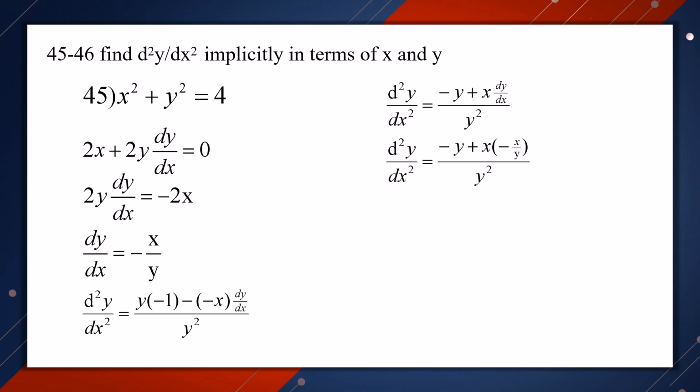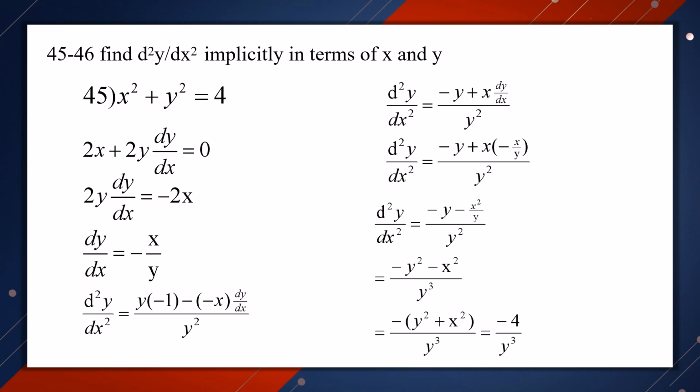And then we substitute dy over dx equal to negative x over y into the equation, and we will get the second derivative of y equal to negative y plus x times negative x over y, over y to the power of 2, and then we simplify it, and we will get negative y to the power of 2 minus x to the power of 2 over y to the power of 3.